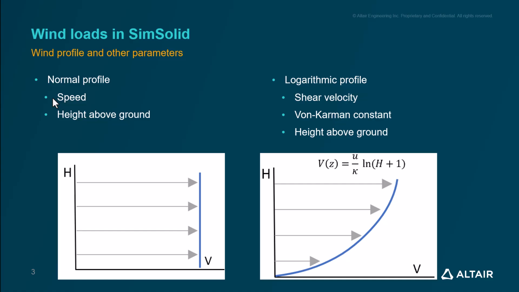On the other hand, we have the logarithmic profile. This logarithmic profile will make use of three main things: the shear velocity, the von Karman constant, and the height above ground. We can also see here in this screen capture the equation that is being used to define this wind profile, and we can clearly see that the shapes are not the same.